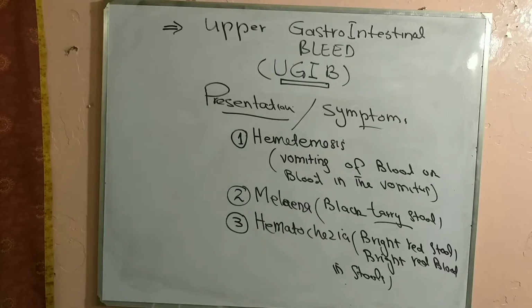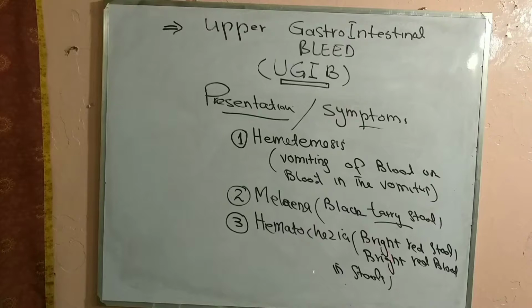Do perform a per rectal examination, because the patient may have hemorrhoids, an anal fissure, or any other source from the area over there. But do not forget that in the pathogenesis of portal hypertension, there is some venous dilatation in the rectal area, and that can be a source of it, and we have to differentiate between the two, because bleeding from the rectal area as a result of venous dilatation from portal hypertension is not hemorrhoids.